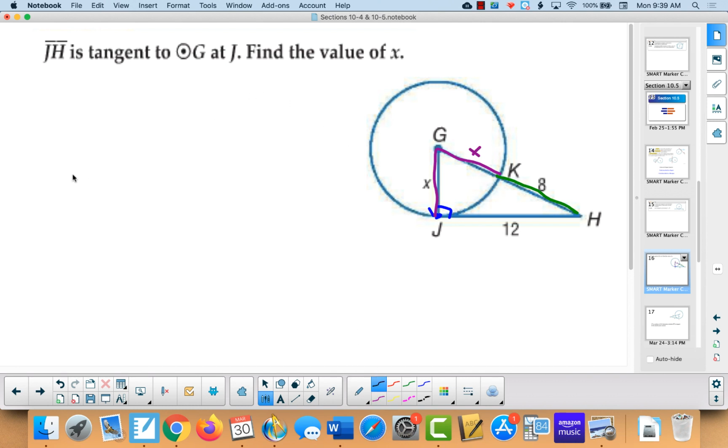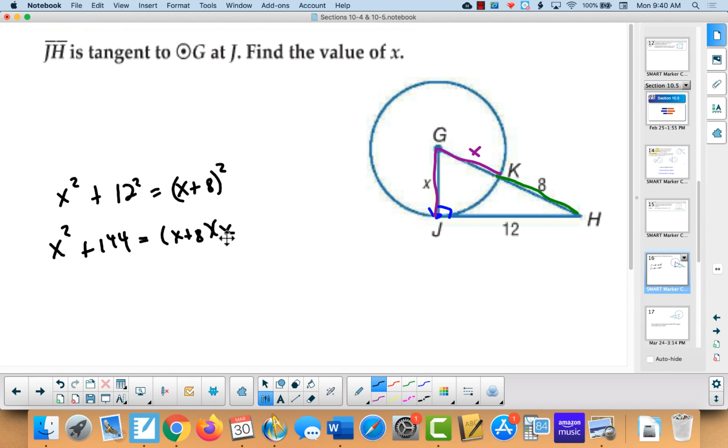So now I can use the Pythagorean theorem and say that x squared plus 12 squared, and then my hypotenuse is going to be x plus 8 squared. Be careful when you are foiling on this side that you actually multiply that out. This is the same as x plus 8 times x plus 8.